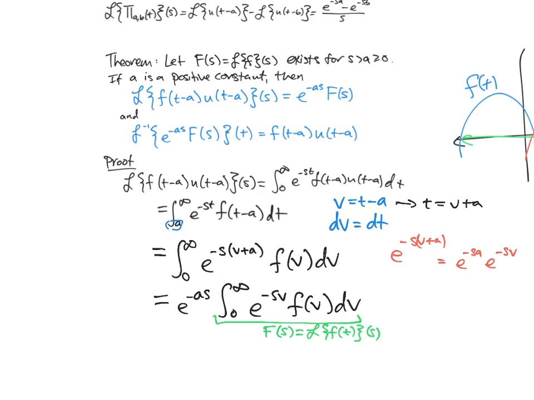So now we can rewrite this as e to the negative as times big F of s, and that's exactly what we wanted. I'm not going to do the second part because it's just obvious from the definition of the inverse.